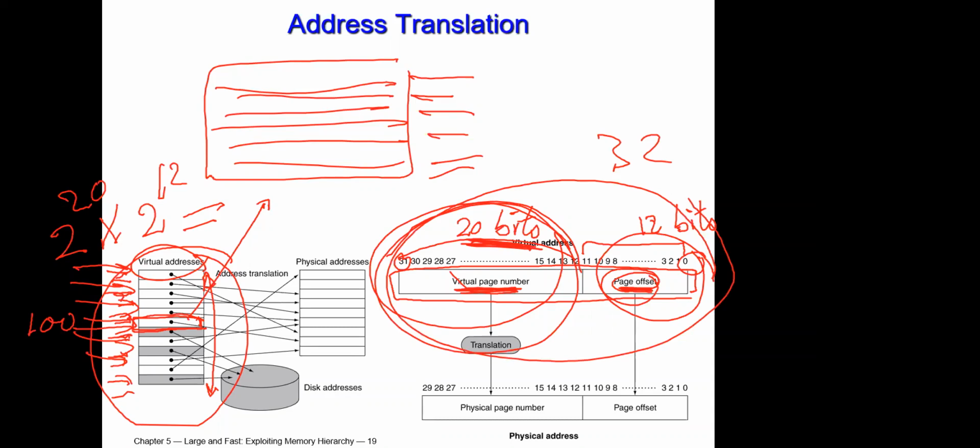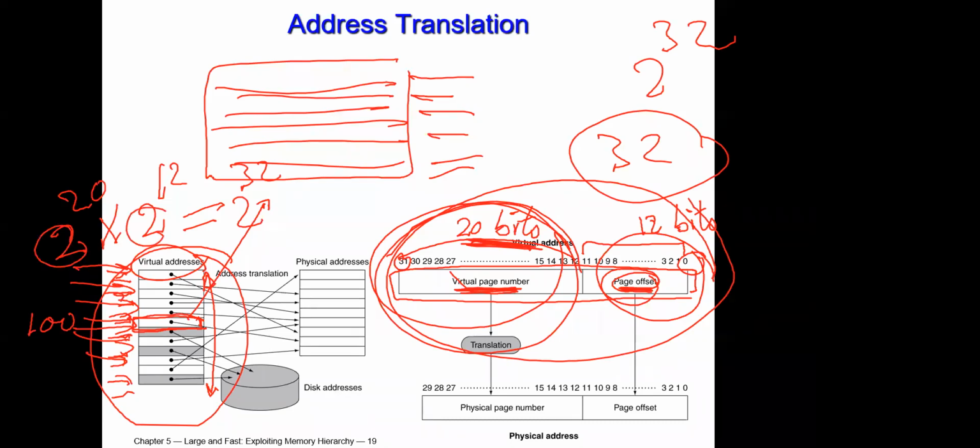If you have 32 bits, how many different locations can you address? 2 to the power of 32, which is also equal to 2 to the power of 20 times 2 to the power of 12, because you learned at the end of elementary school, as far as I remember, that if you have the same base, you can add the powers, correct? So it is the same thing. I have just described here conceptually how we can break down these numbers.